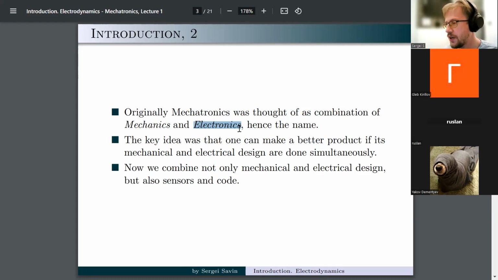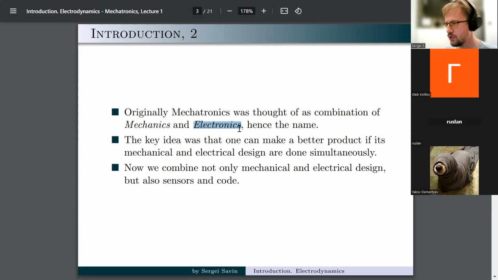The reason why this became a thing was because people started to realize that it is possible to produce better products if you simultaneously design the electrical and mechanical parts. So rather than doing mechanical design, electrical design, then fitting them together somehow, you can do it simultaneously.